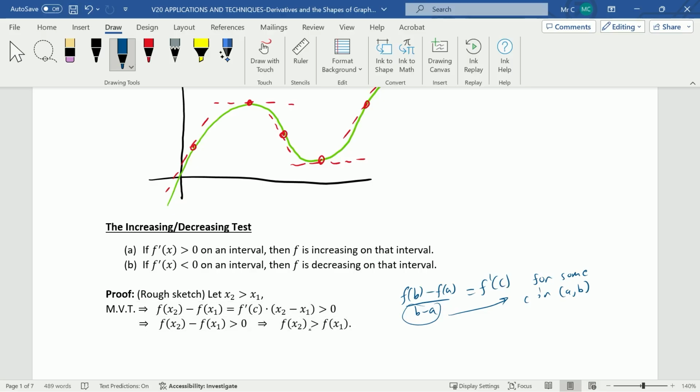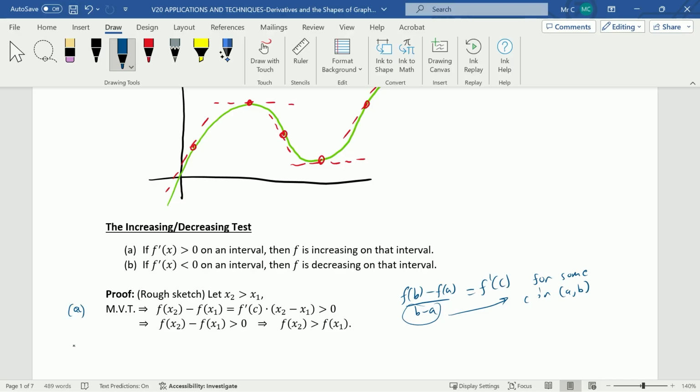Now, this part of the proof is just for part A. We're just sketching out part A. If we assume that the derivative is positive, then the derivative times x2 minus x1 is also positive, and so f of x2 minus f of x1 is positive, since they are equal. And of course, if f of x2 minus f of x1 is positive, then f of x2 is greater than f of x1. So in other words, f is increasing.